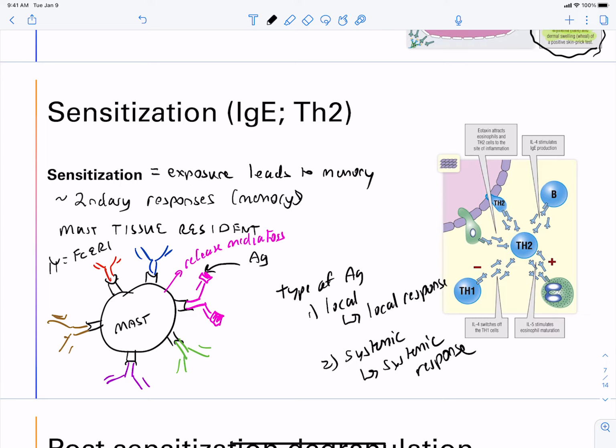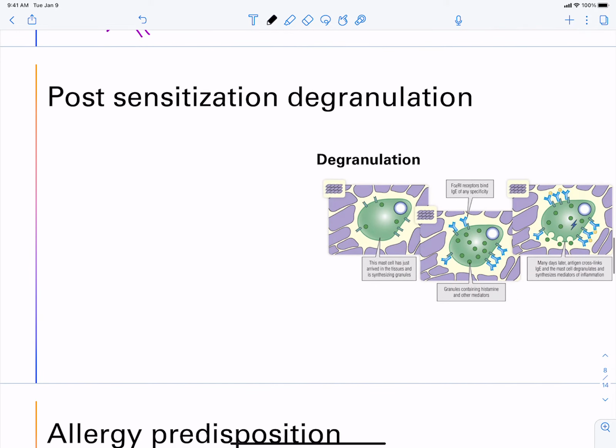Now, of course, your Th2 cells here are what are going to initially cause your B cells to become IgE producing. And so this is definitely an antigen or allergen that's stimulating both B and T cells in a Th2 environment, a non-Th1 but a Th2 environment. Now, after you have this sensitization, you can now degranulate your mast cells.